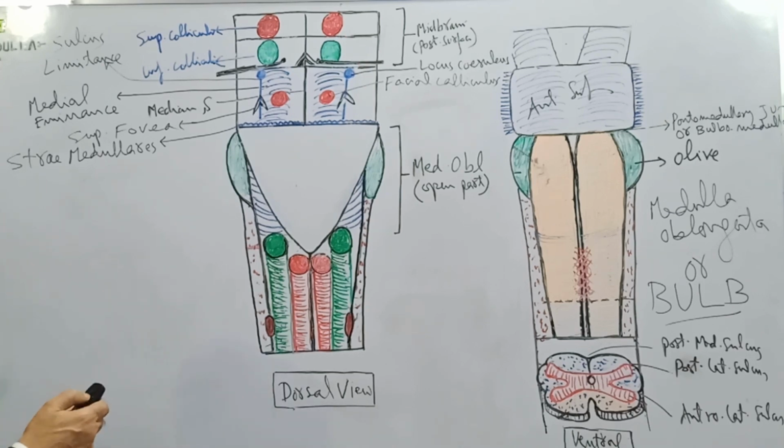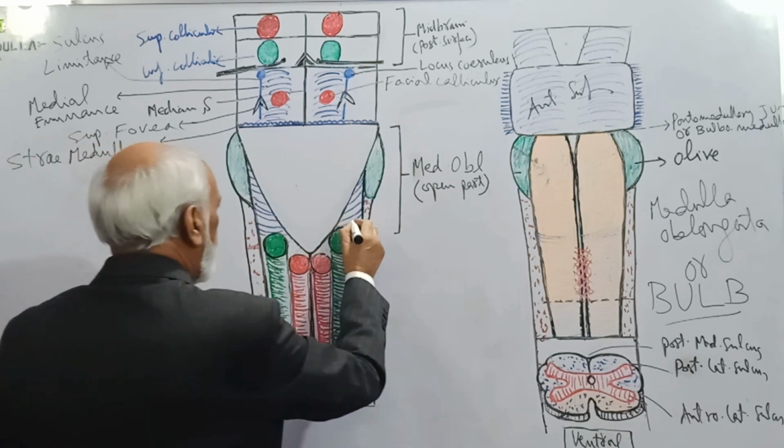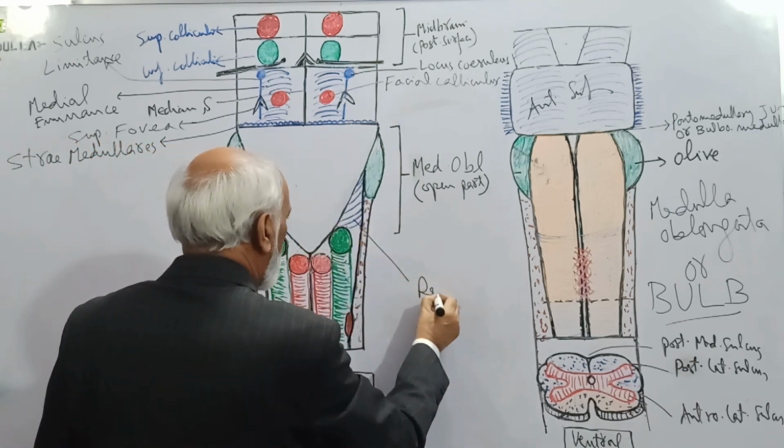Now, the posterior surface of the open part of the medulla oblongata. You can see here the medulla oblongata open part. This is the medulla oblongata closed part that we already discussed in detail. And you know these features which are important. This is the restiform body.